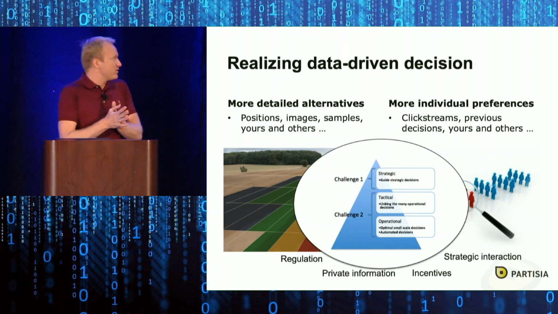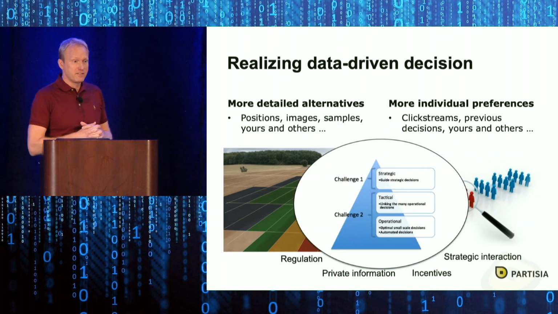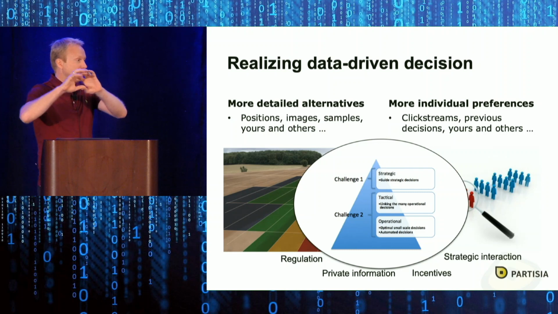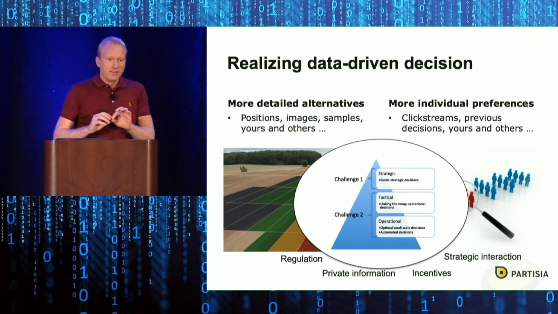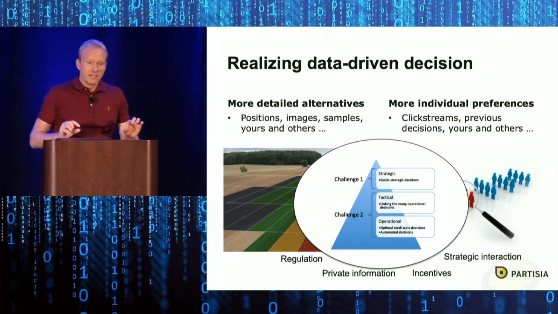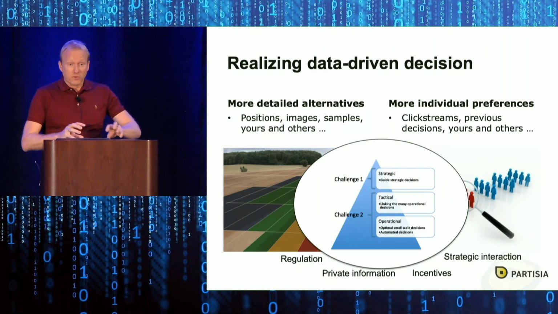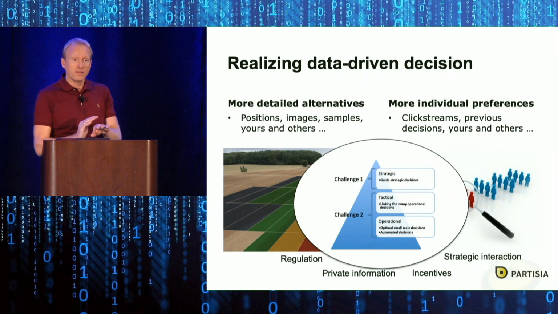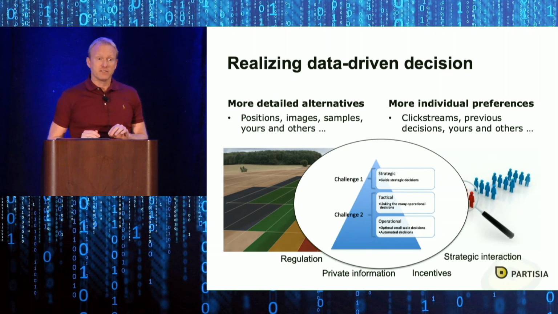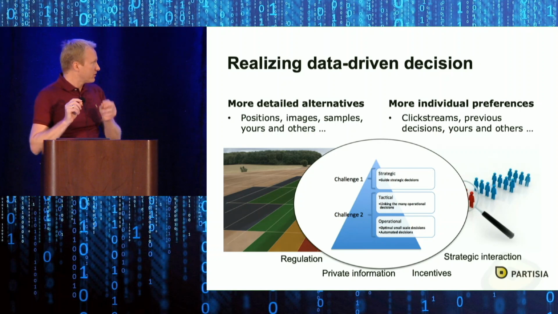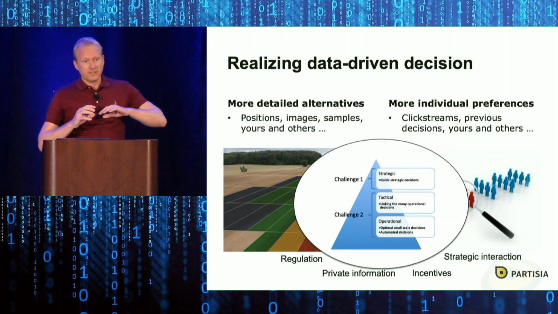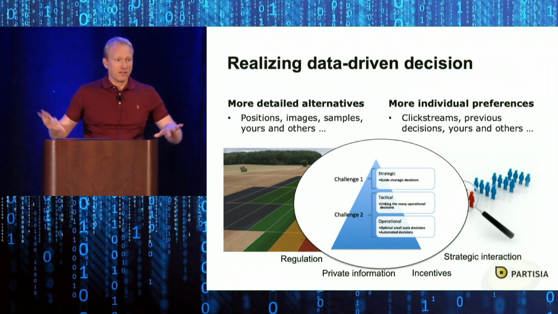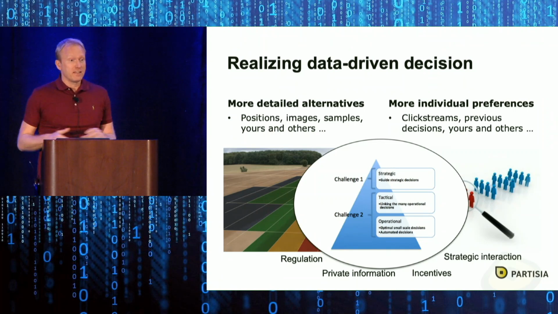If you take into account the complexity of these decisions, you have the overall strategic decision, and at the other end, you have automated operational decisions that hopefully move you in the direction of your strategy. So that's one problem to solve. And then everyone is part of some strategic interaction with a number of other partners.